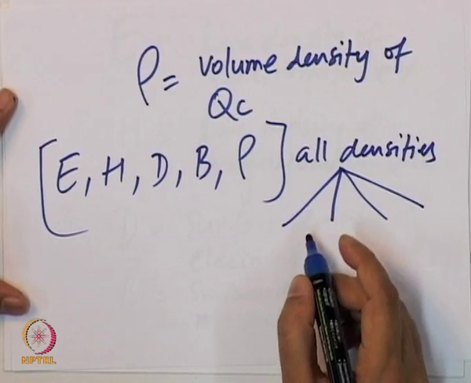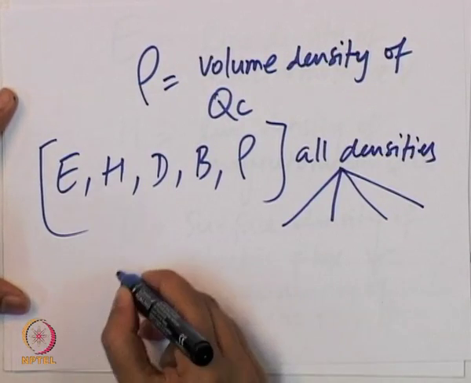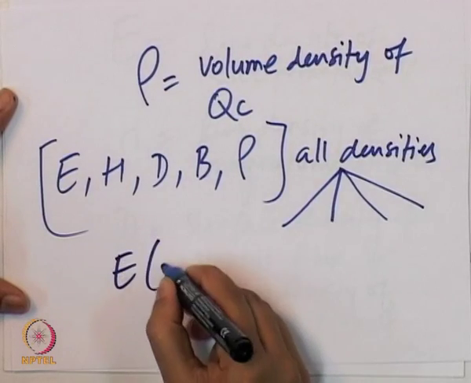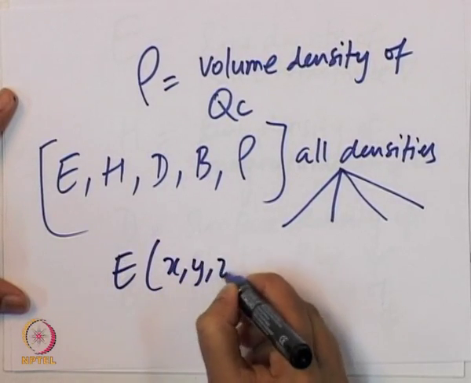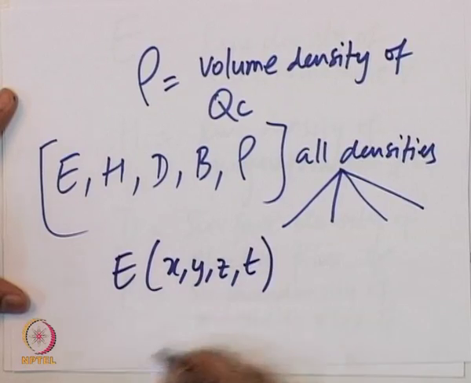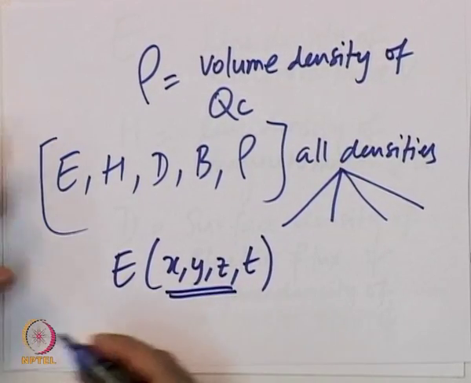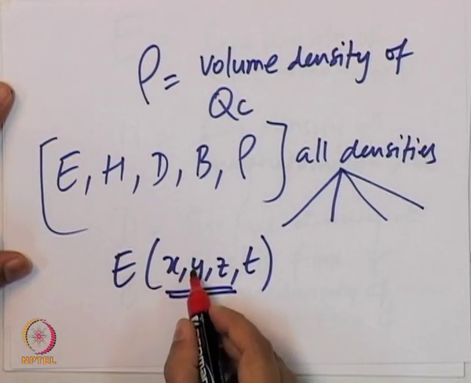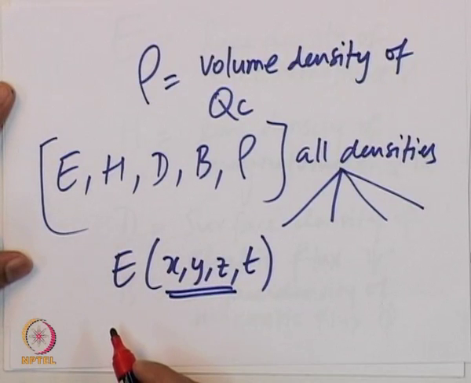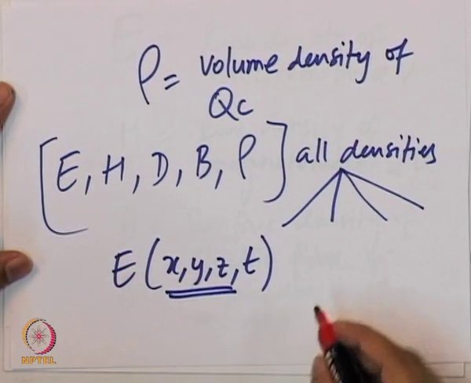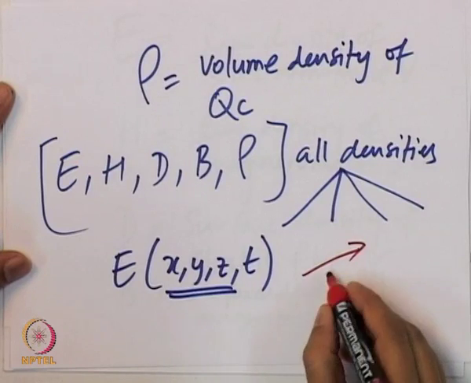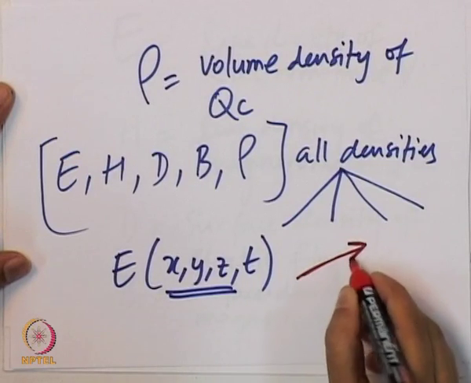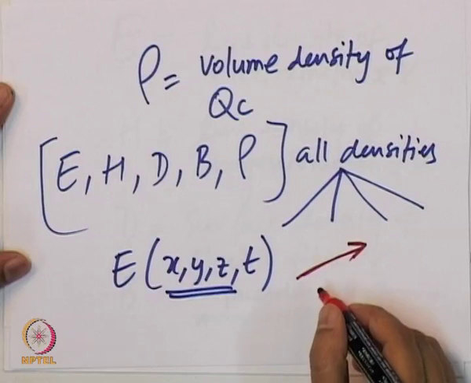They are all defined locally in a point. So when you say E, you are defining E at x comma y comma z comma t. So these are the point definitions. They are all locally defined in a point which is defined by x comma y comma z, and they are all vectors. I told you they have a particular magnitude and a particular direction.